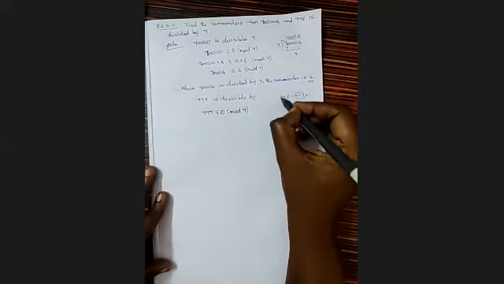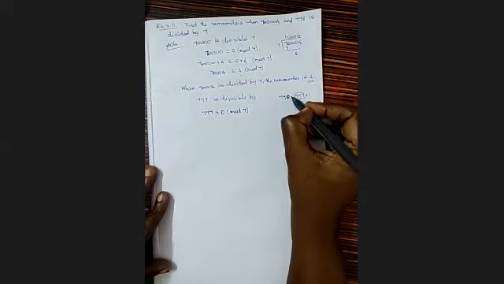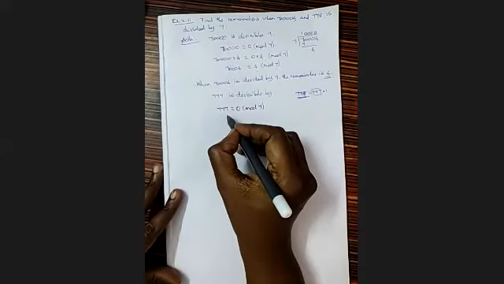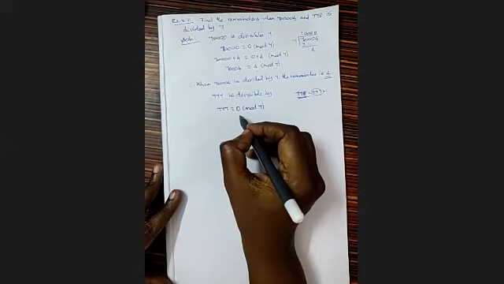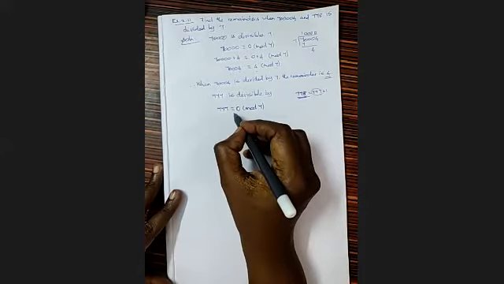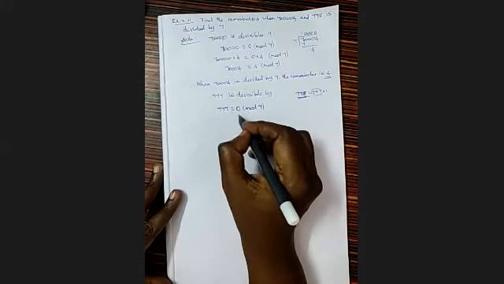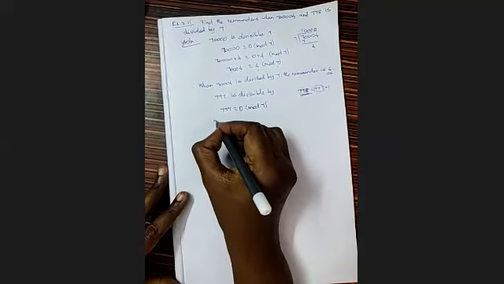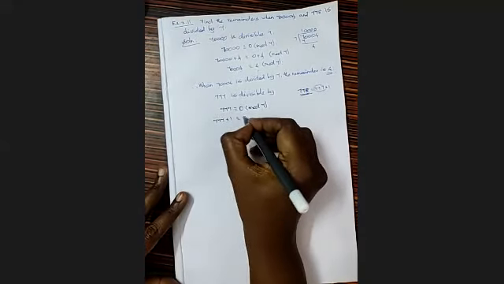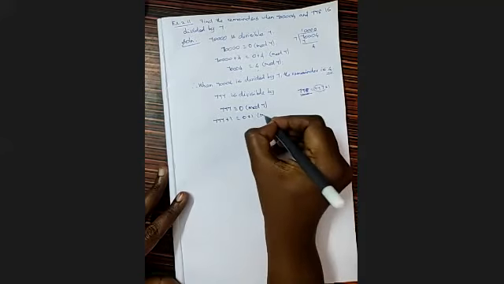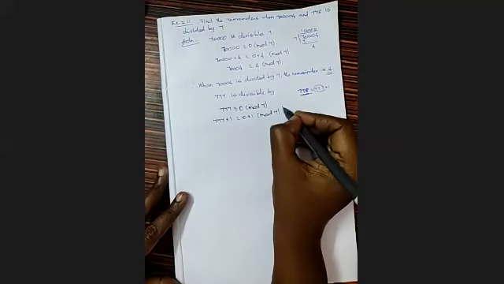But actually the given number is 778. That is 1 more than 777. So we have to add 1 on either side of this congruent symbol. We are going to add 1 on both the sides. So it is 777 plus 1 congruent to 0 plus 1 modulo 7.